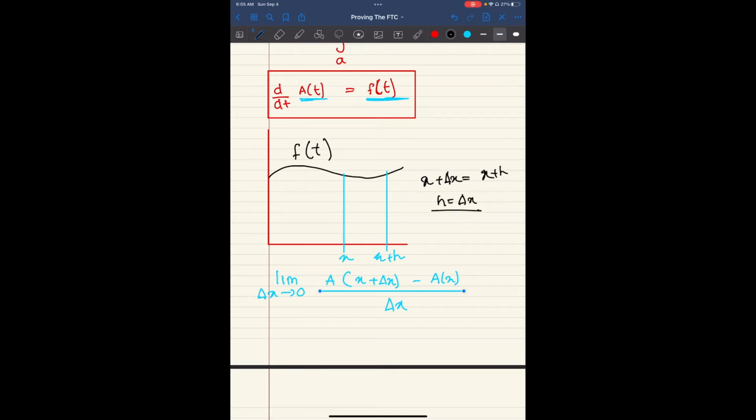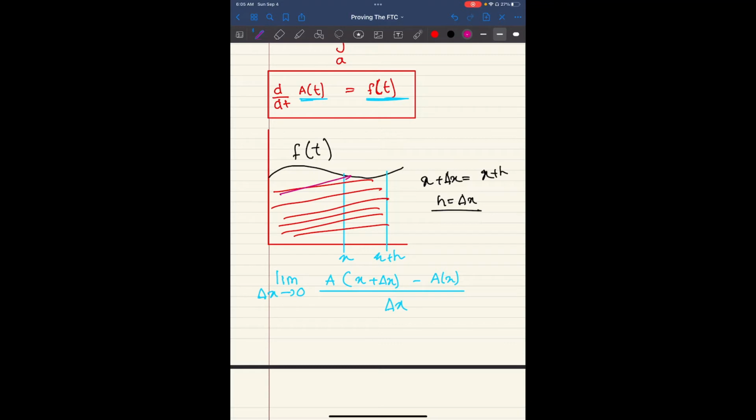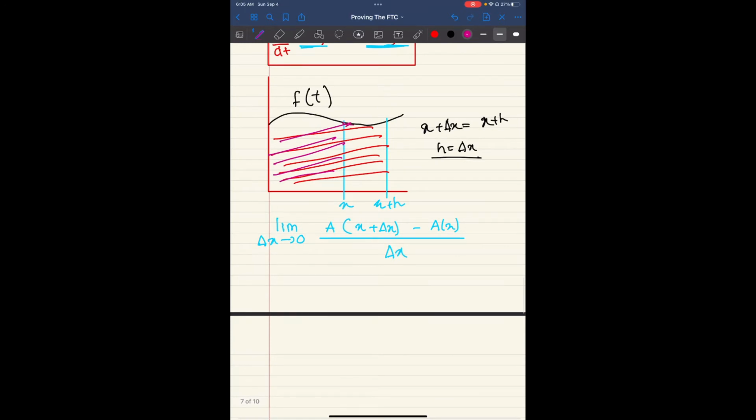So what if a gives the area of the function f of t? What this means is a of x plus delta x is this area over here. We switch the color out. And a of x is the area over here. So a of x plus delta x minus a of x is this area over here.